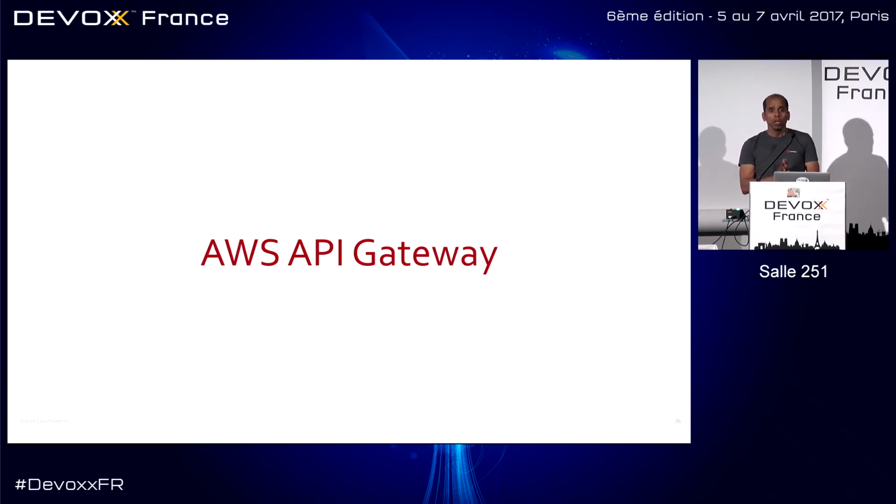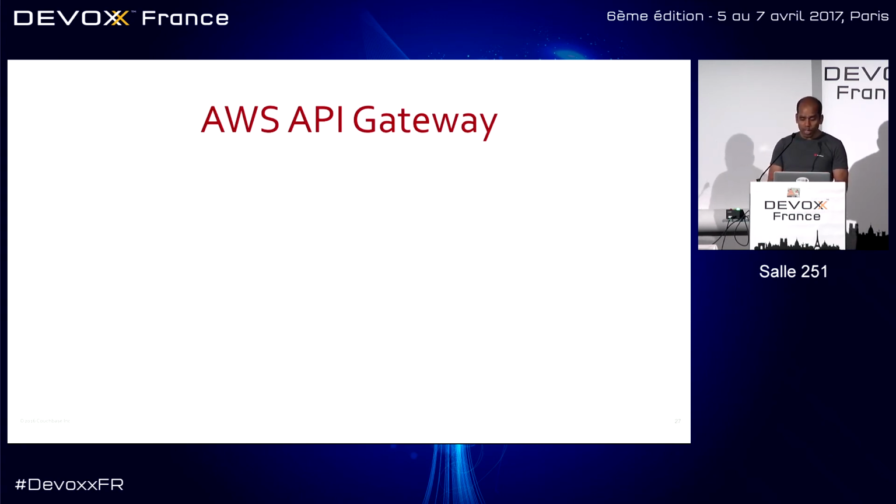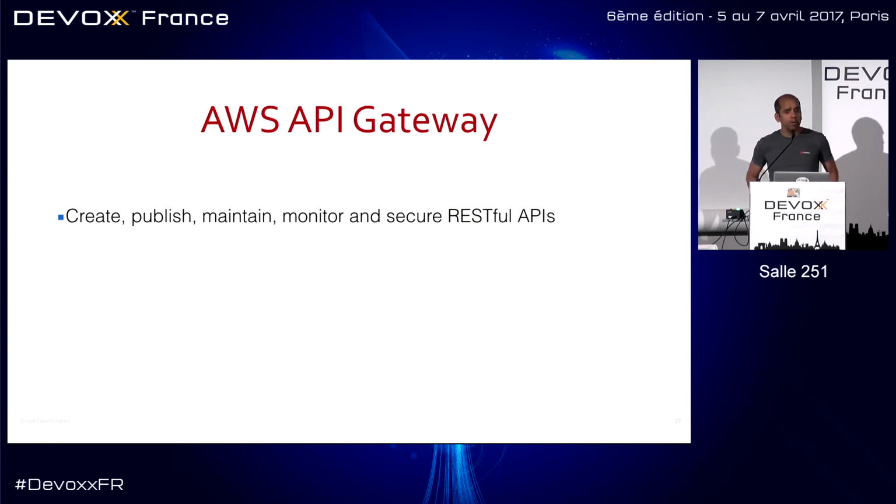All right. Now that's sort of the Lambda part of it, but there are other key parts of the application as well. So AWS API Gateway. Well, what is AWS API Gateway? It allows you to create, publish, maintain, monitor, and secure your RESTful APIs.